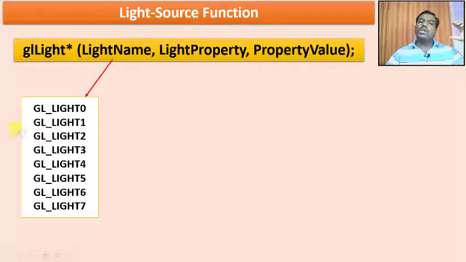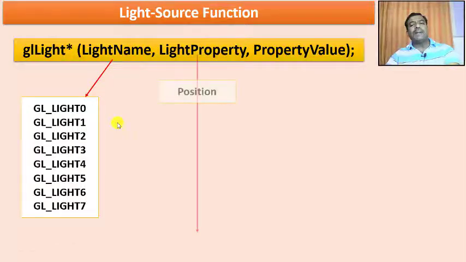You can make use of all these 8 light sources, or if you don't want all 8, you can make use of any one or any of them at a time. So I'm going to say glLight, and I'm going to say GL_LIGHT0, I'm using the first light source. In some graphics packages there are more than 8 light sources, but at the basic level there are only 8. This is what the first parameter is going to be.